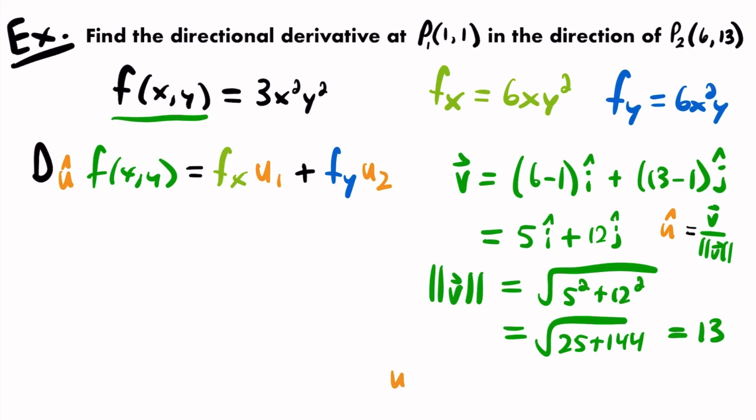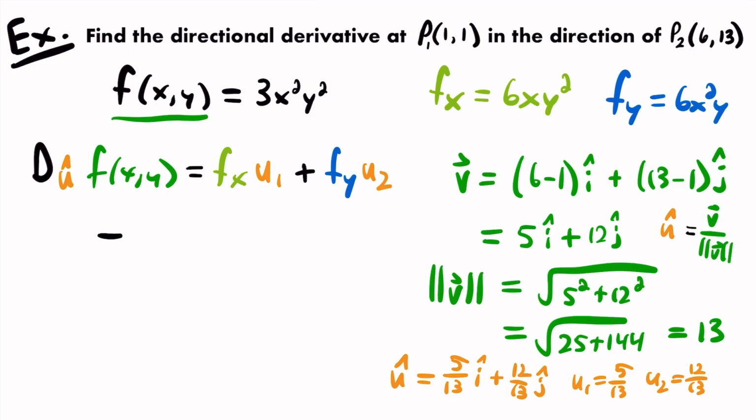So we will get that the unit vector is equal to the x component of 5 divided by the magnitude 13, so we have 5/13 i plus the y component 12 divided by the magnitude of 13, so we have 12/13 times j. So u1 is 5/13 and u2 is 12/13.